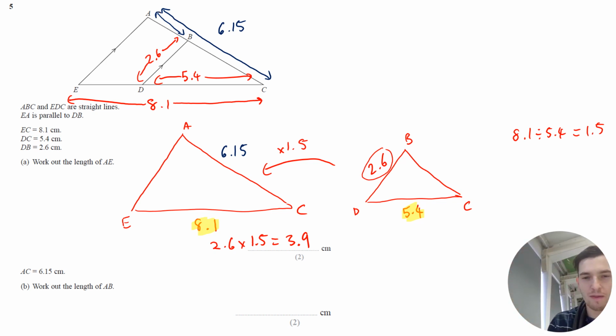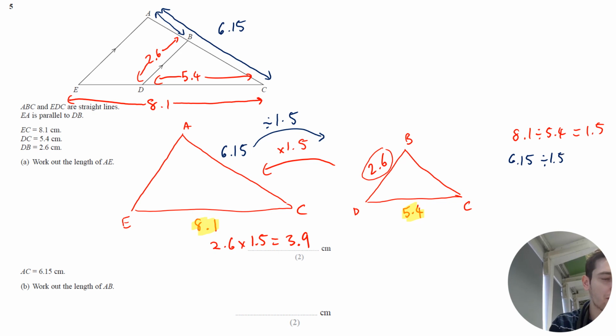Okay, so this time, if I've got a length on the big triangle, 6.15, what do I do to get the length on the small triangle? Well, do the inverse, right? Divide by 1.5. And 6.15 divided by 1.5 is 4.1. So 4.1 is BC.